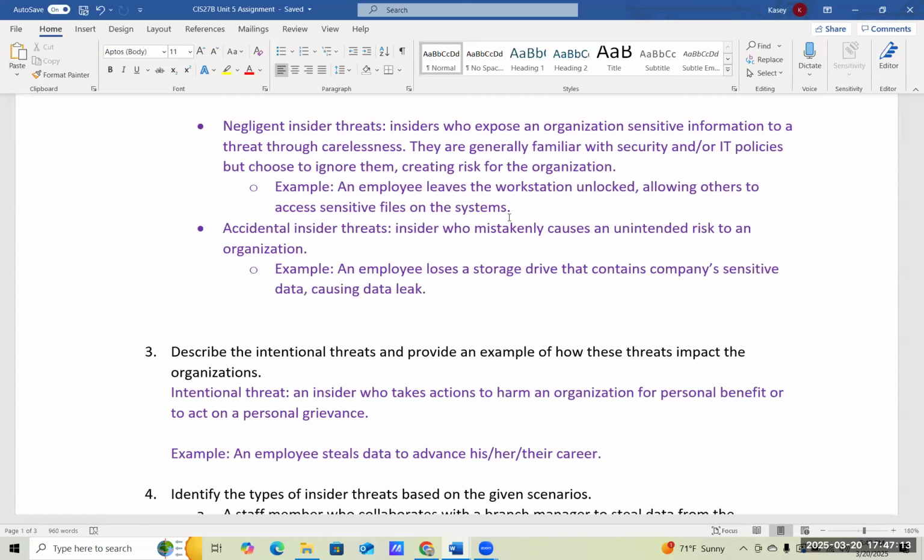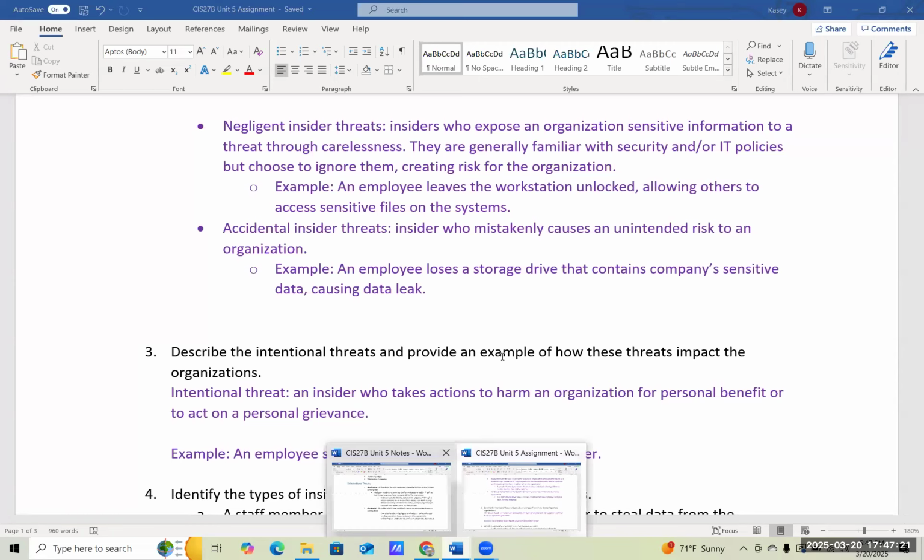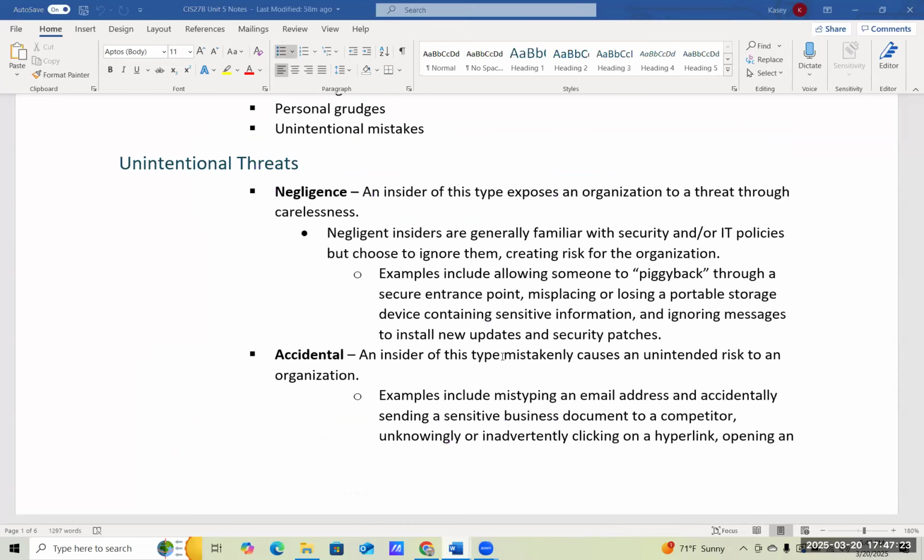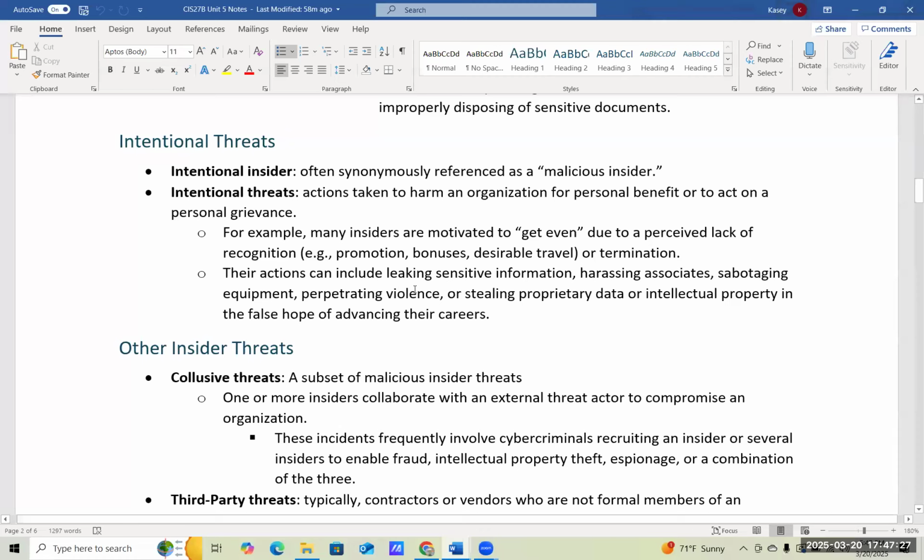Okay, question? All right. So you can find information on intentional threats on page 2 of your notes. And then there's an expanded example.